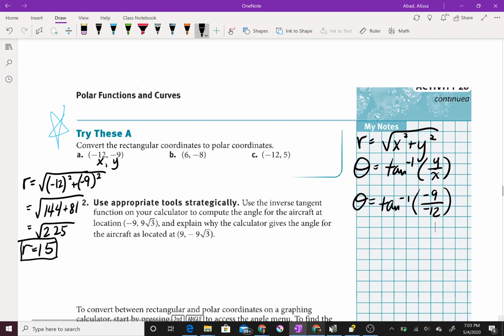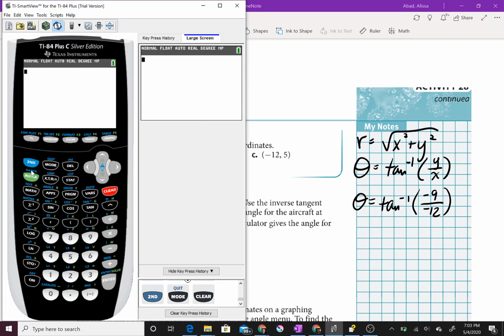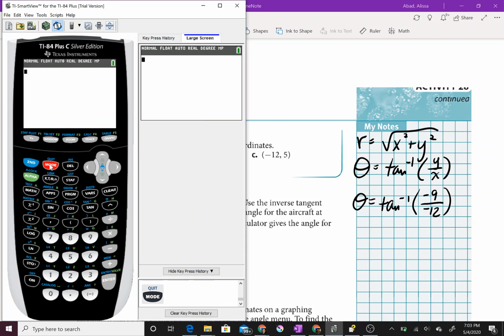I can go ahead and simplify that, that's fine, or I can go right to the calculator and just make sure to input that exactly as it is in there. So on a graphing calculator, or you can just use Desmos, just make sure that you are putting this in degrees. So if you needed to make sure to go into that mode, that's going to be second function, quit. You need to just go to mode here, and then you can change it to degrees. So I'm going to calculate arctangent by doing second function, then go to the tangent key here.